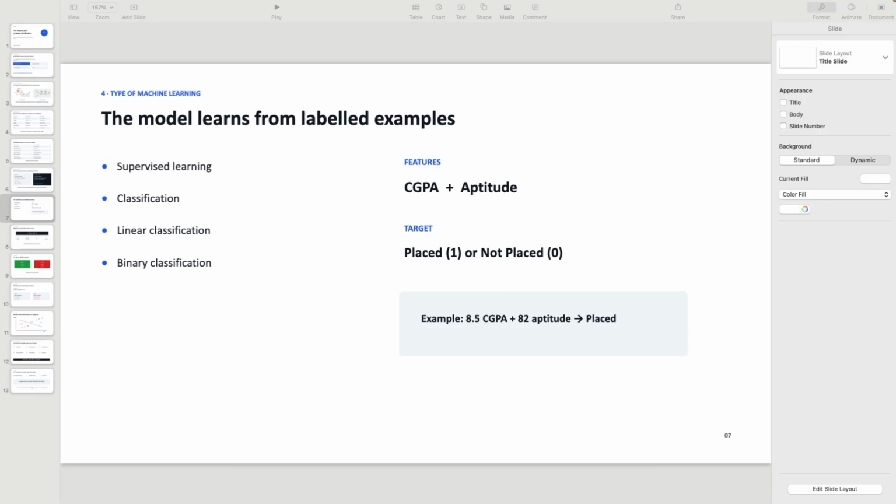Another is CGPA 5.8, aptitude score 45, where the target value is 0. The input columns are called the features, and the output column is called the target value.